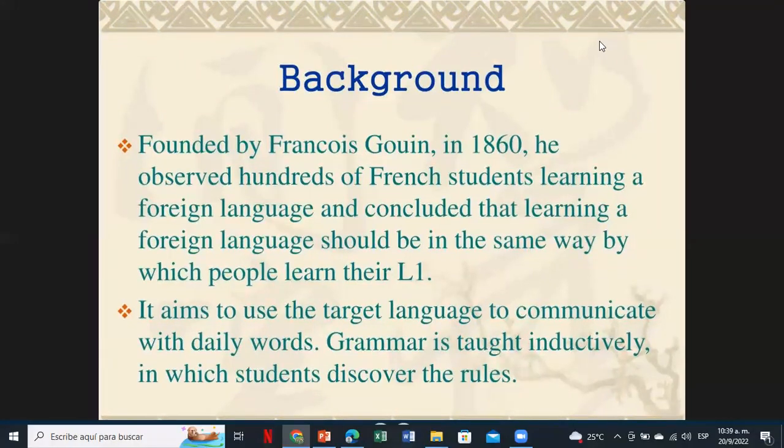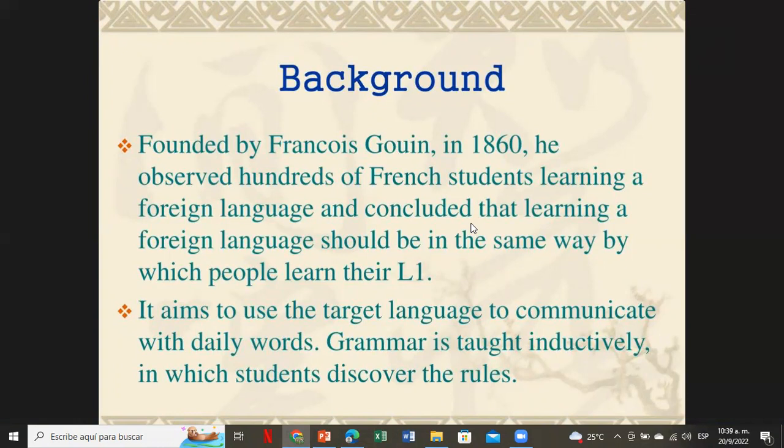Yes, founded by Francois Gouin in 1860, he observed hundreds of French students learning a foreign language and concluded that learning a foreign language should be in the same way by which people learn their L1.